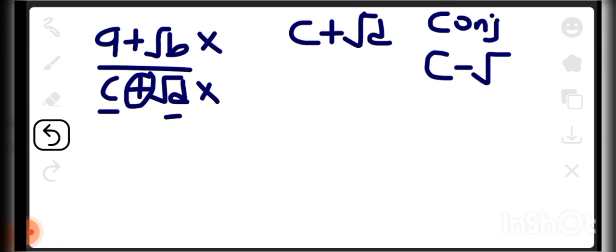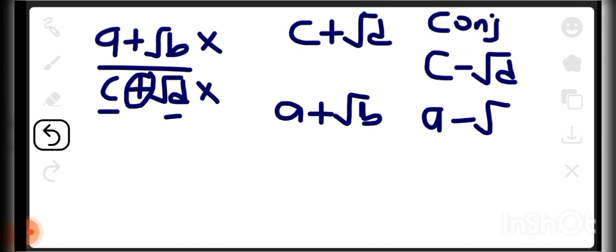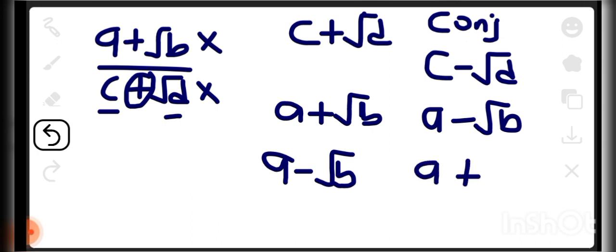If you have a plus root b, the conjugate becomes a minus root b. If you have a minus root b, the conjugate becomes a plus root b. You just change the sign joining the two.